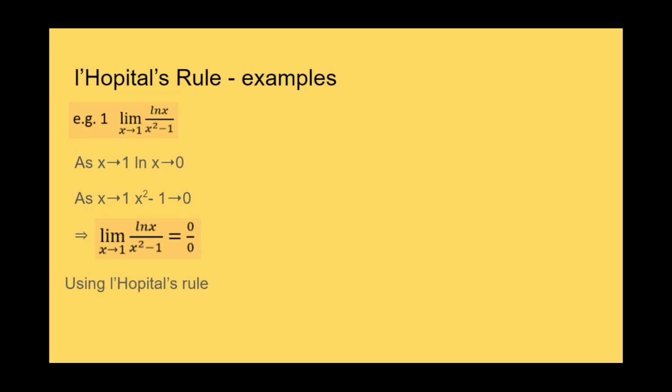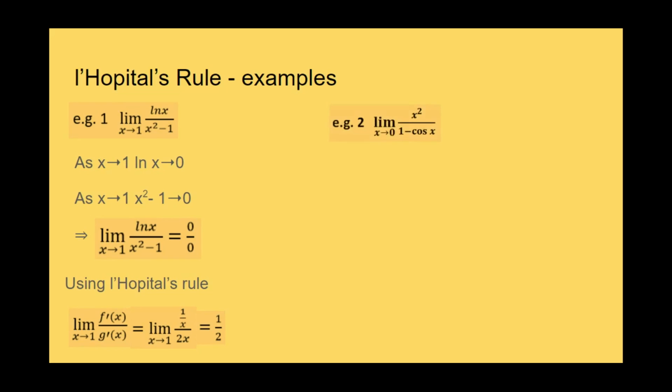So we need to use L'Hopital's rule. And so we find the derivatives of numerator and denominator, sub in the same value, x equals 1, and we've got our limit. The limit of ln x over x squared minus 1 as x tends to 1 is indeed a half.